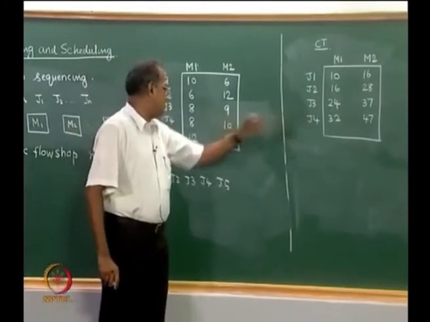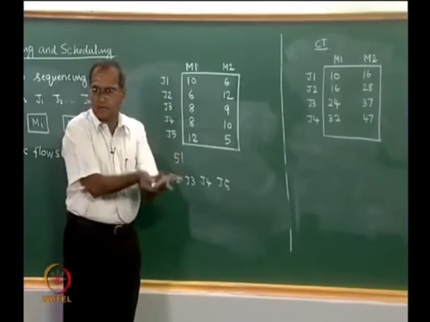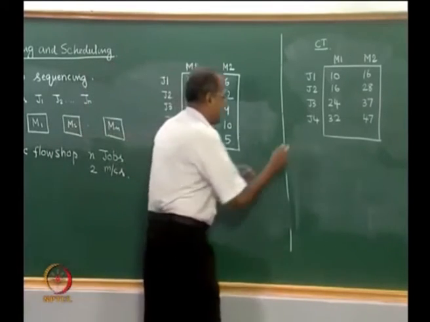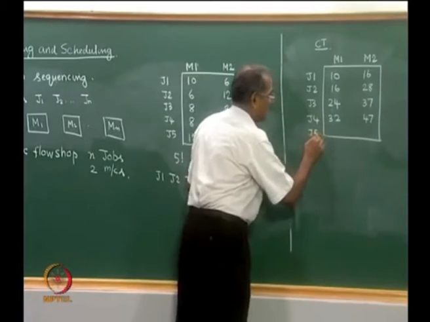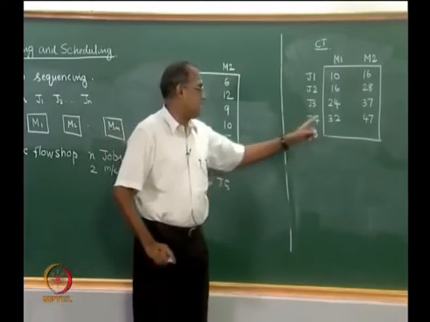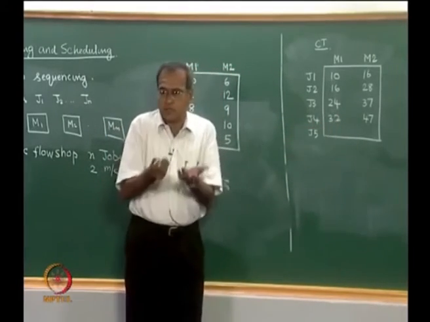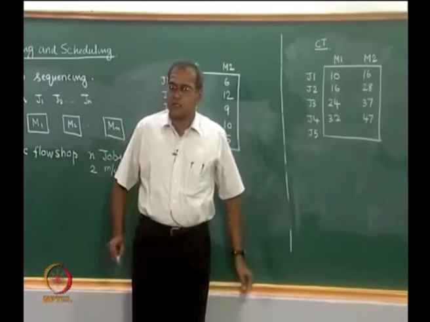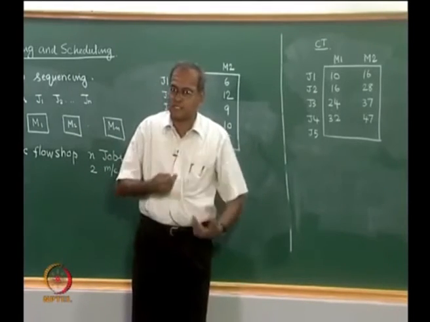Now, at 32 J5 can enter M1. So, J5 enters M1 at time equal to 32. Once again we assume that there is enough space in between for the person to take it and keep it, so that M1 can be released for its next job.